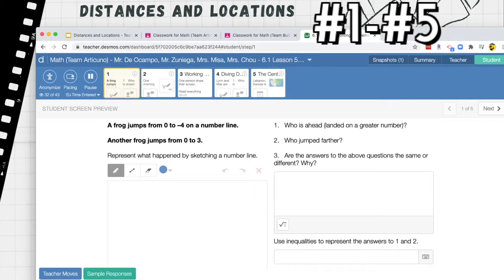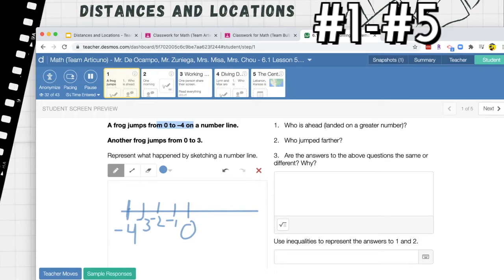I can draw any number line I want. I could go vertical or horizontal. I'm just going to go horizontal, just because I want to. A frog jumps from 0 to -4. So 0, -1, -2, -3, -4. If I want to, I could label these. I don't have to.